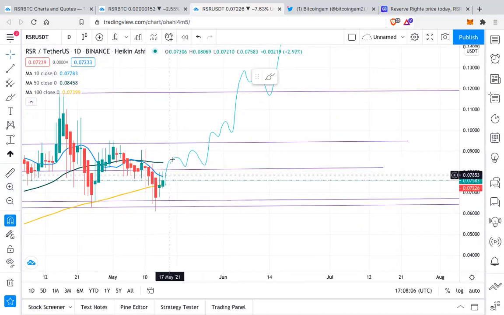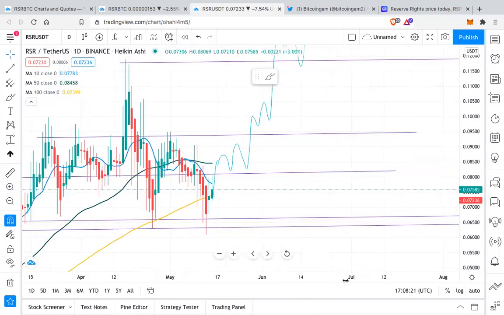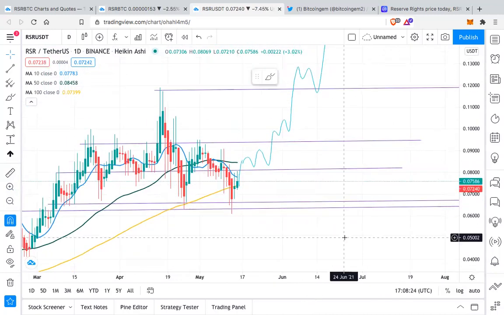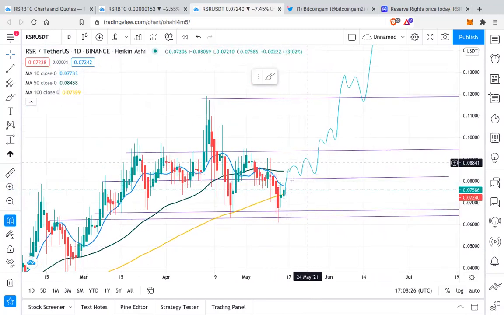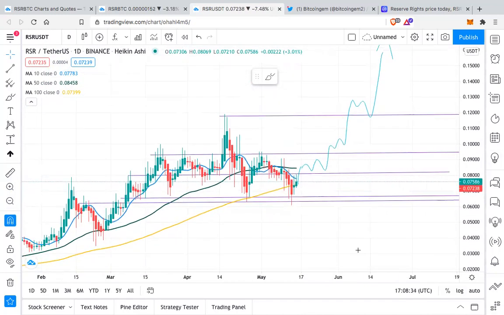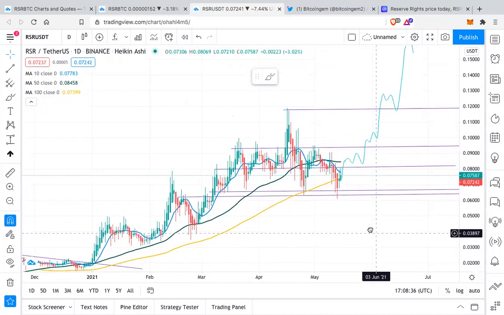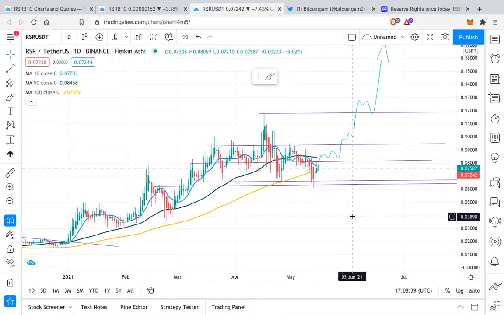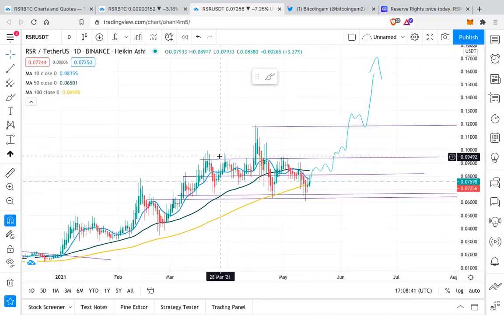And once this 10 moving average creates a support, and currently the 10 has crossed below the 50 MA, so it will have to again cross the 50 MA, and that will give rise to another impulse move. So this is the cross or the flipping that needs to happen, and hence this is a time where you can start building a position on RSR if you are interested in this asset.